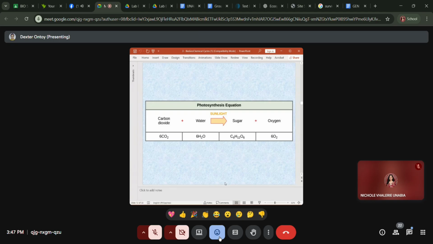So this is the equation for the photosynthesis, and I think you are familiar with this, correct? So we have carbon dioxide plus water with sunlight to realize the reaction. So carbon dioxide and water, it will produce this sugar.